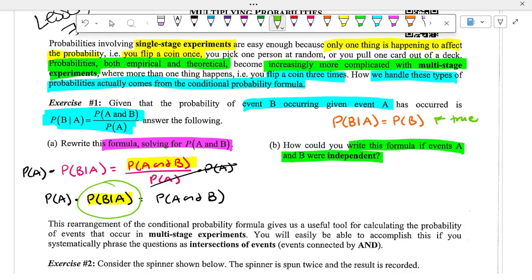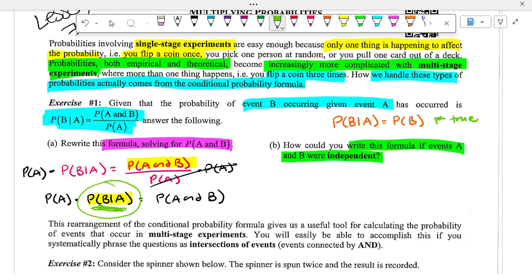Kind of already on the board. Do we have something that we just said that this is equal to?